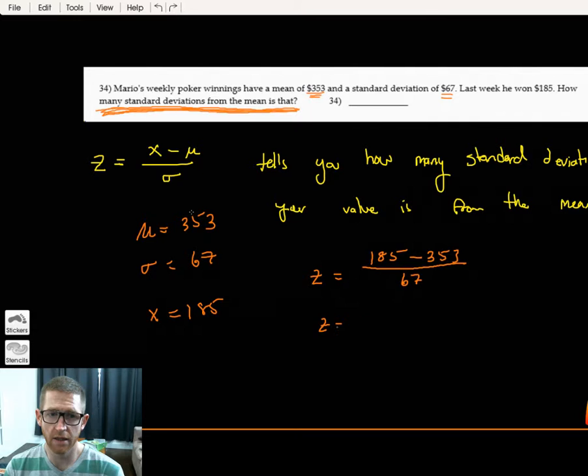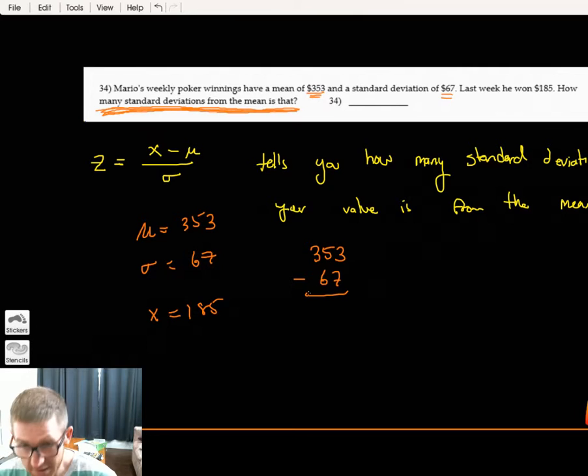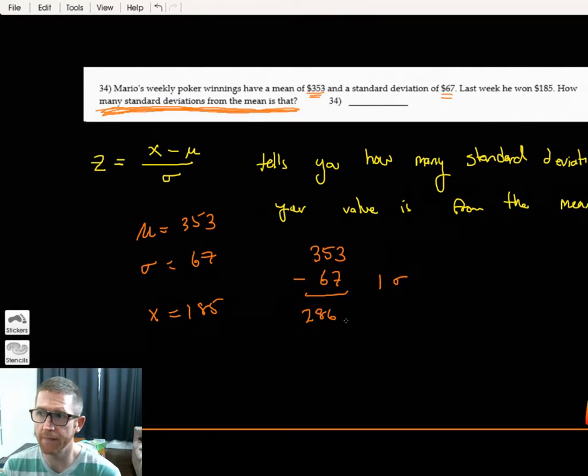You could just say, okay, well, his average is 353. I want to get to 185, right, from 353. So how many standard deviations is that? Well, I know it's below it, so I can just subtract 67 from 353 to get 286. And that would be one standard deviation away.